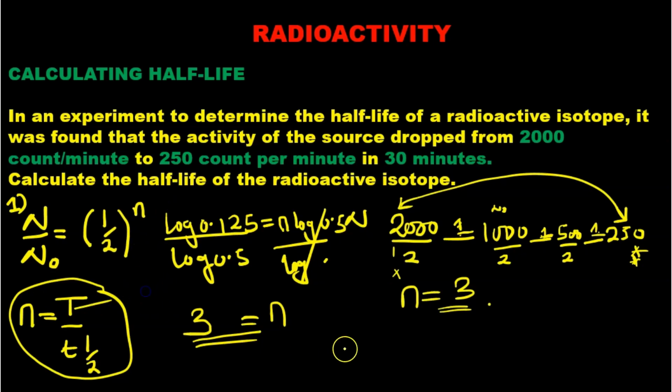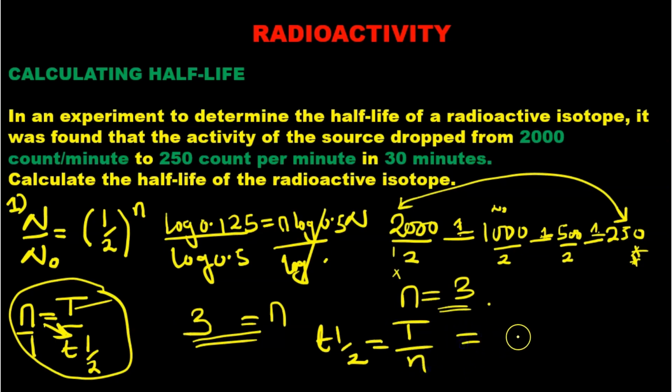And therefore applying in the formula, if we make half-life the subject of the formula, these will just exchange position, and we are going to have half-life equals the period or time elapsed divided by the number of half-lives.